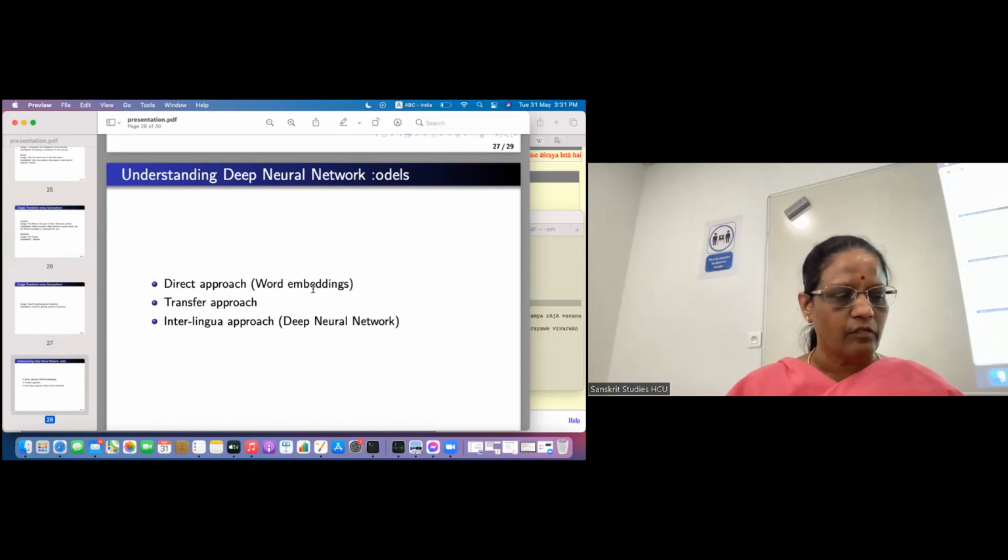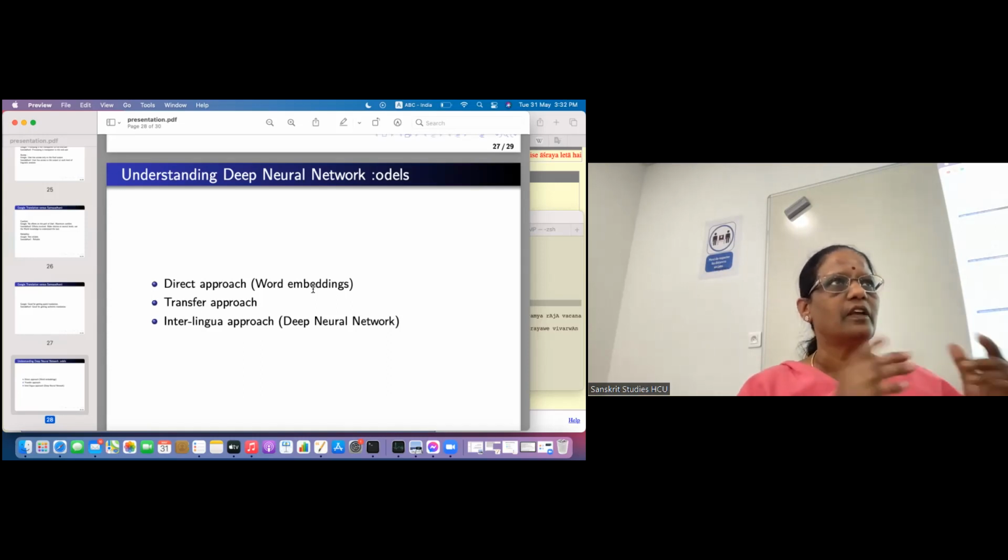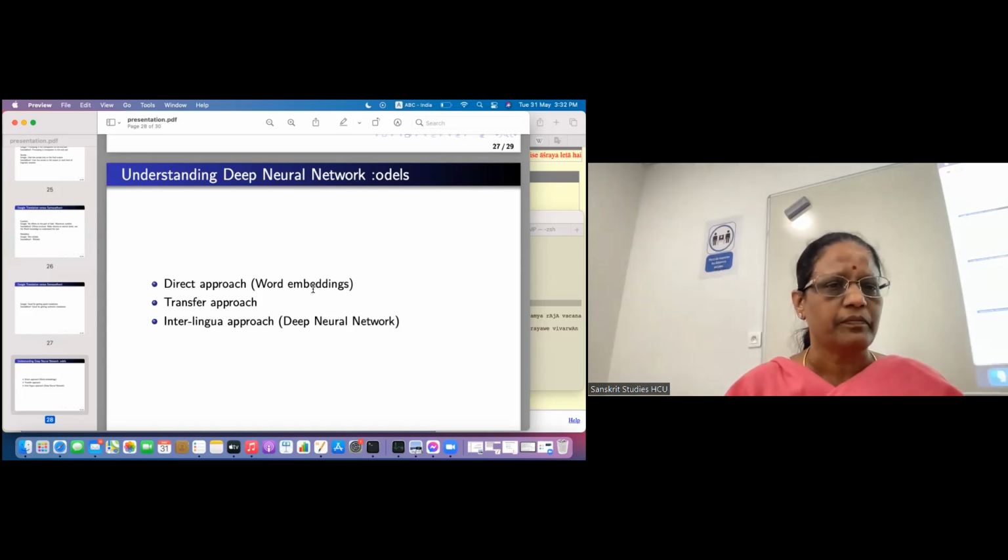Now, what they did was they chose some small corpus of Sanskrit and some small corpus of Hindi, and manually a parallel corpus was established: the Sanskrit sentence and its Hindi translation. Some small parallel corpus, maybe, I don't know the size, it may be 1,000, 2,000 or 10,000 sentences, whatever.